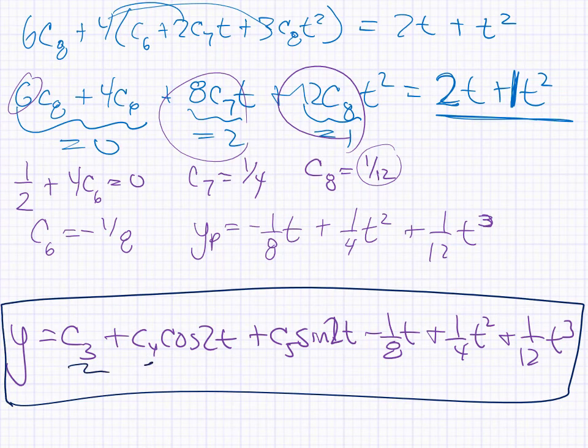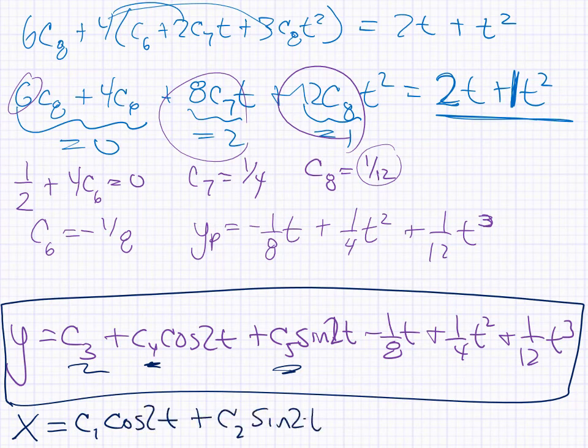Now y has 3 parameters in it, c3, c4, c5, and x, if you remember what x was, had 2 parameters in it, c1 cosine 2t plus c2 sine 2t plus, what else do we have there? It was minus 1/4 t squared plus 1/8.